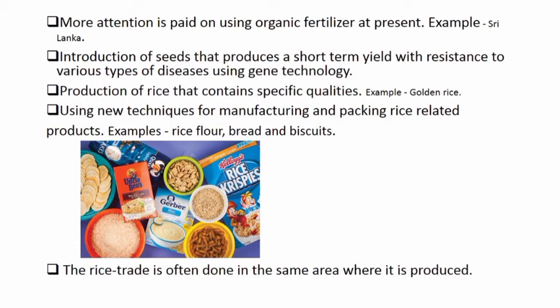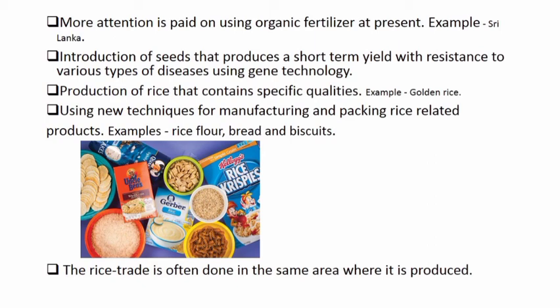Next feature is production of rice that contains specific qualities. There are different types of rice and they have different qualities. As an example, golden rice.